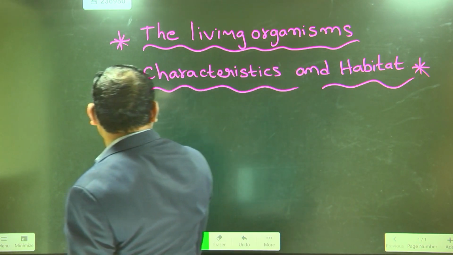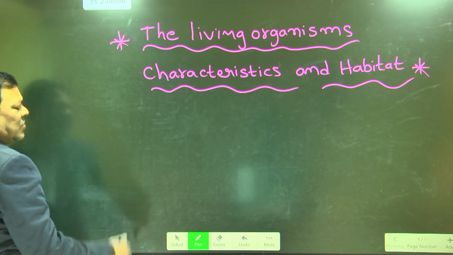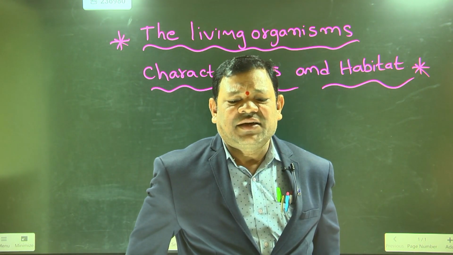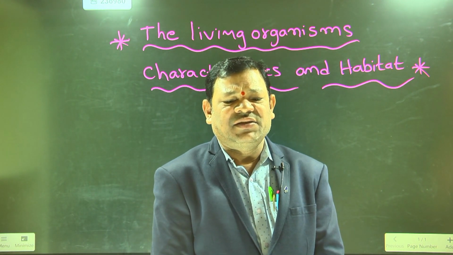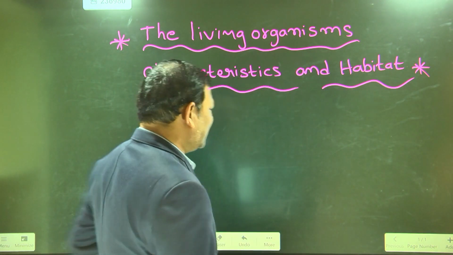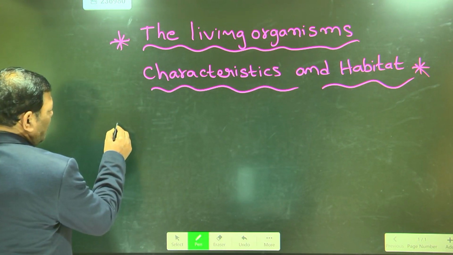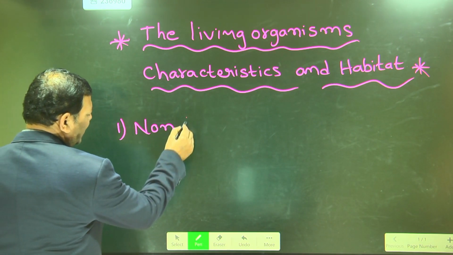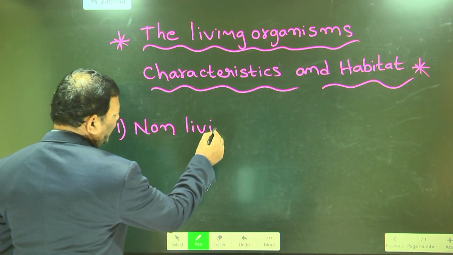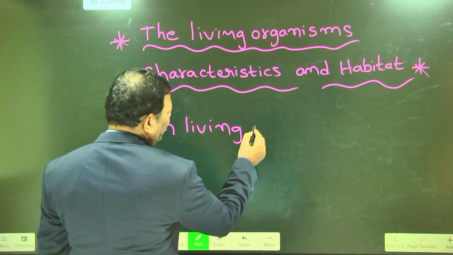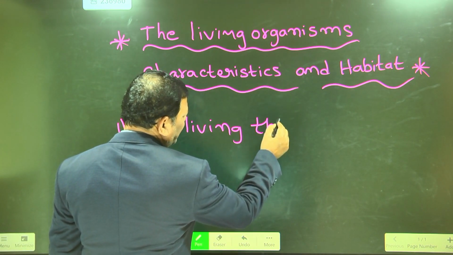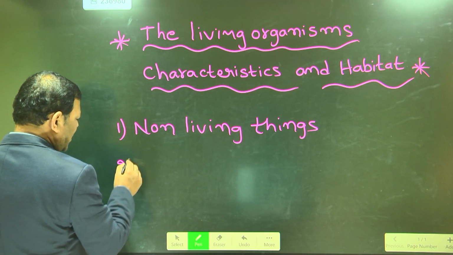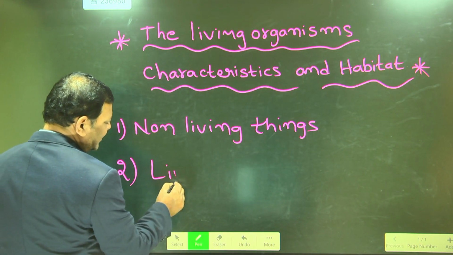What is the meaning of living things? Actually, in our surroundings, two types of things are present. One is non-living things and the other is living things.